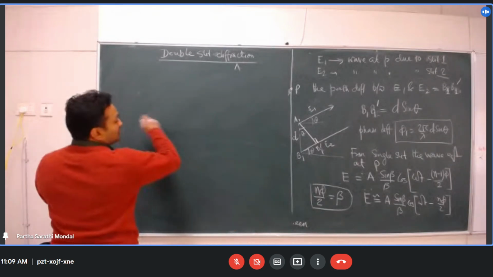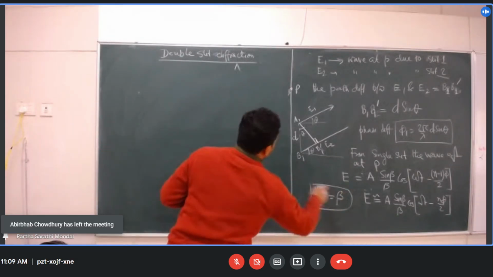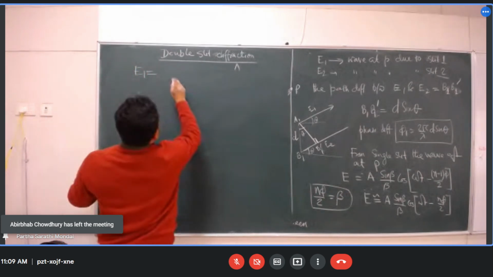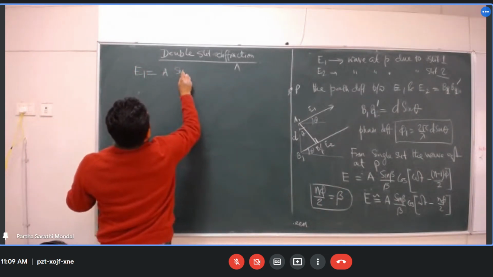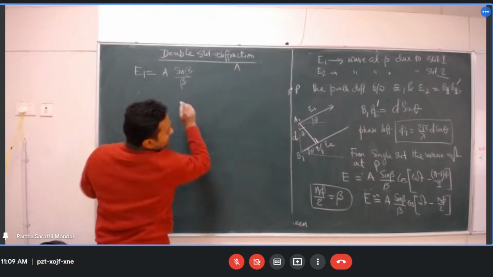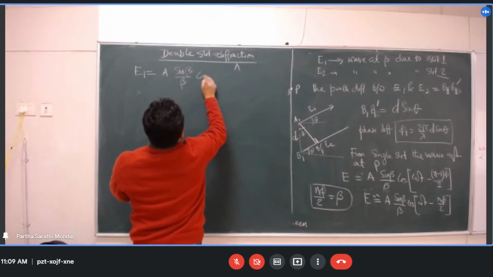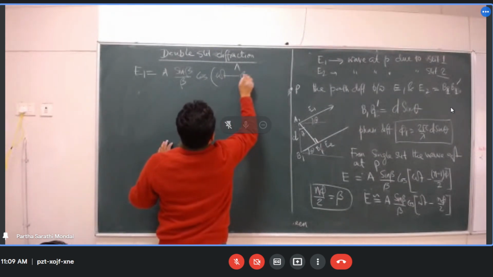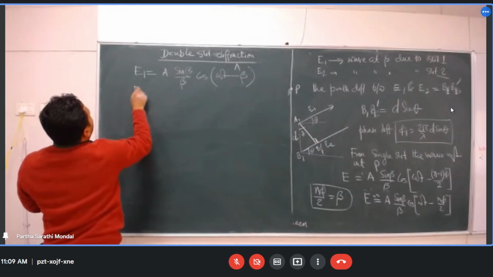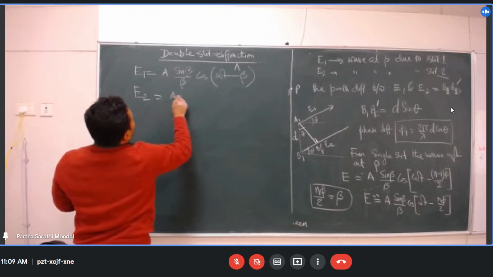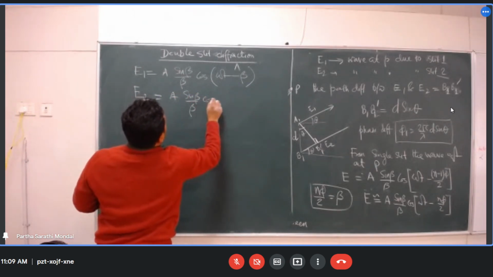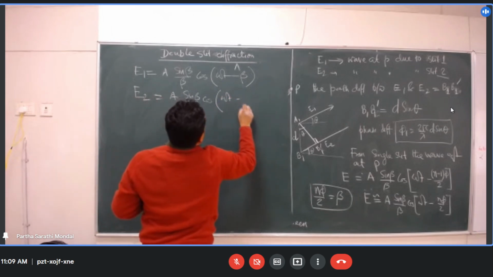तो E1 कितना होगा, तो ये बीटा है, तो E1 आपको मिल जाएगा A sin beta by beta cos omega t minus beta, और E2 क्या होगा, E2 इसके साथ जस्ट एक फेज डिफरेंस जो है ये ऐड हो जाएगा, क्योंकि मैं माइनस ऐड कर रहा हूं.